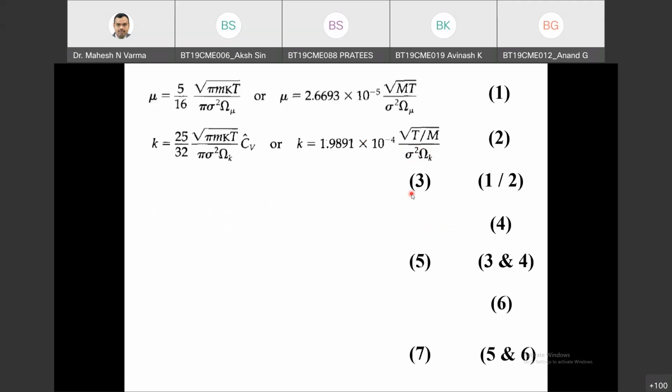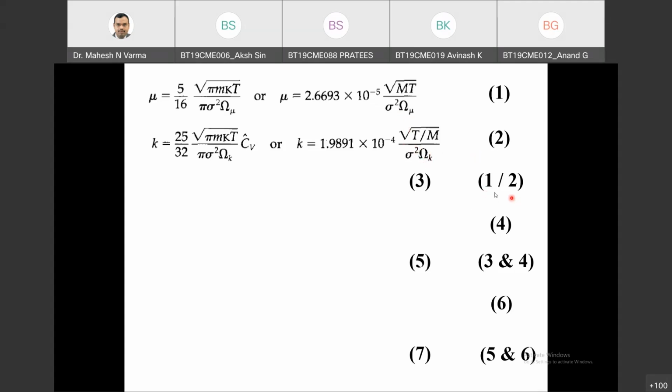This is what we did yesterday. This is the Maxwell equation, where we have the collision diameter and the collision integral omega mu, and these are the same in both equations.